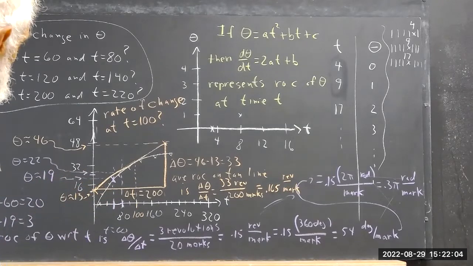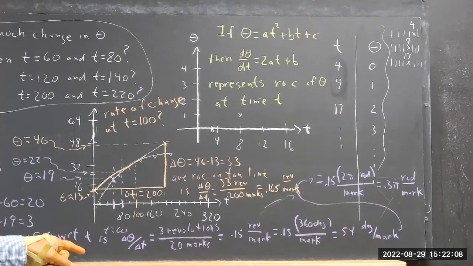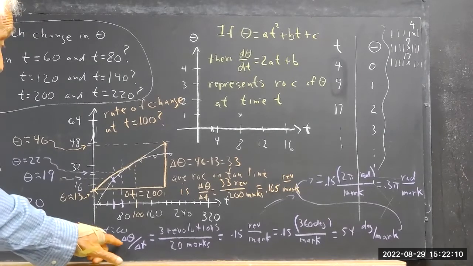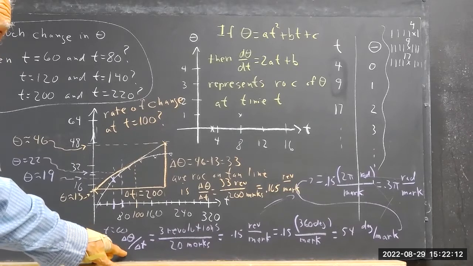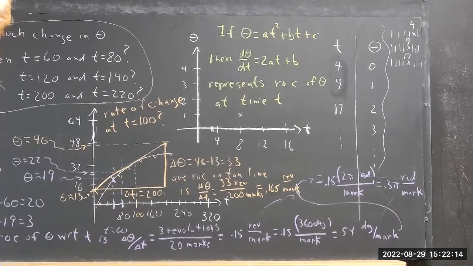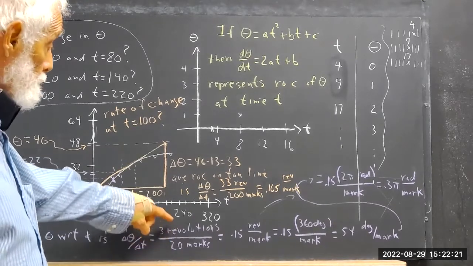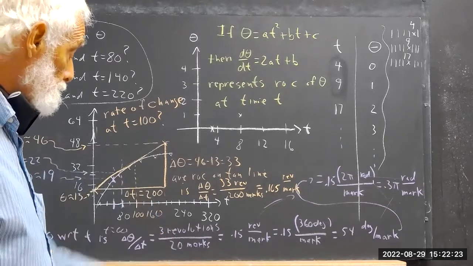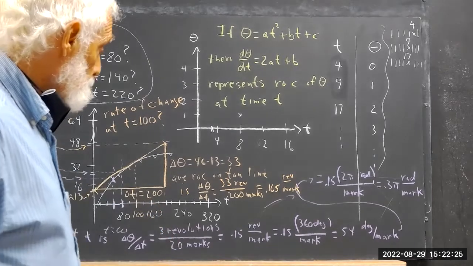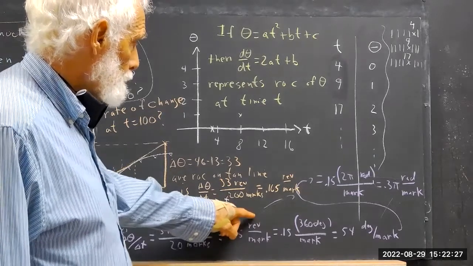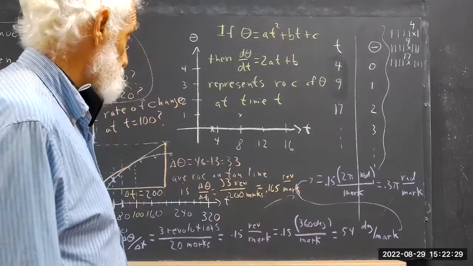Okay. So the average rate of change of theta with respect to t was change of theta divided by change in t. Okay. So change in theta divided by change in t was 3 revolutions and 20 marks. So the average rate of change is 3 revolutions divided by 20 marks, which comes out to 0.15 revolutions per mark.